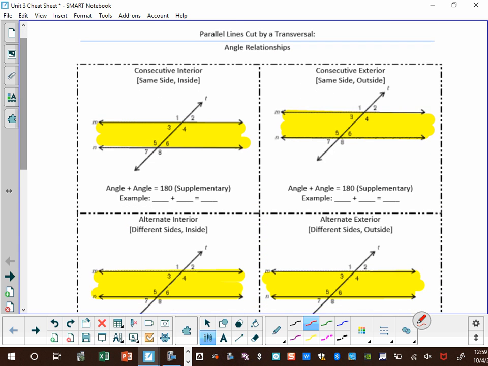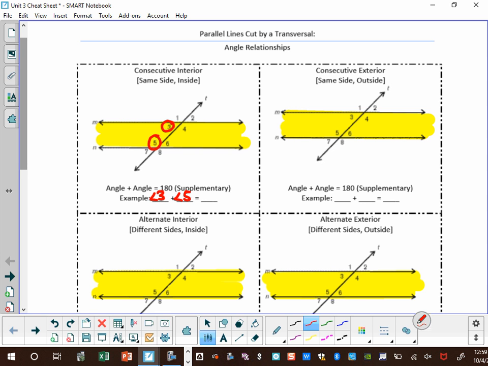All right, so consecutive interior means that they're side by side and they're on the interior. So that means that 3 is consecutive interior to what? 5. Good. So we can write down here angle 3 and angle 5, okay? This is the part you need to realize.